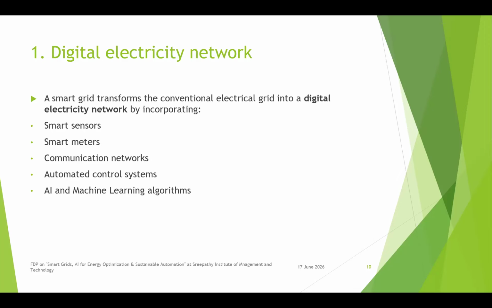These sensors and smart meters collect data like voltage, current, frequency, and power, etc. These data are transmitted for analysis as well as for making decisions. That is nothing but a digital electricity network.